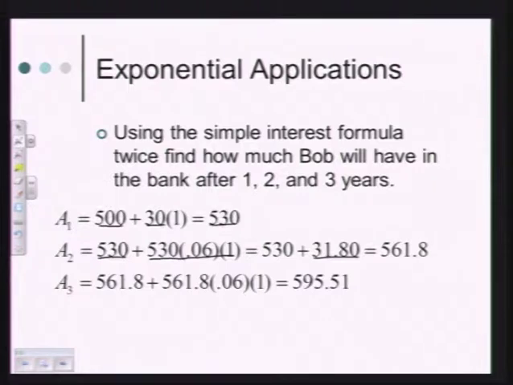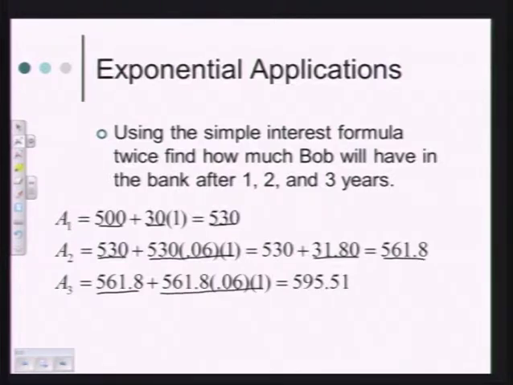Hence, he'll have $561.80 in the bank at the end of 2 years. But he says, wait a minute, now my new principal is going to be the $561.80. We will calculate the interest based on $561.80.